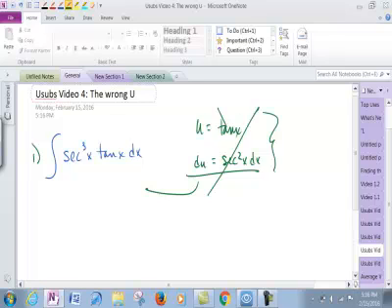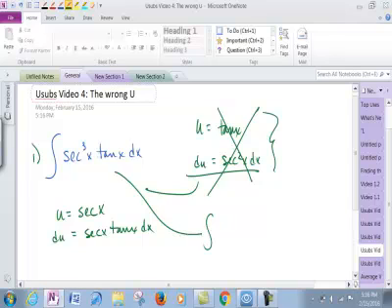So you give up, you go back, you don't give up completely, and you say, okay, well, let's go ahead and see what happens if the u I pick is the secant of x. Let's see if that's any better. So du equals secant x tan x dx. Okay, and so I can go ahead and rewrite the original integral before I do u substitution as secant squared x times secant x times tan x dx.